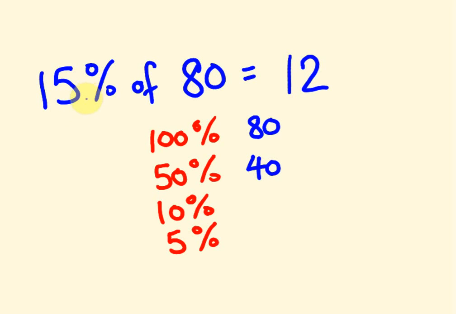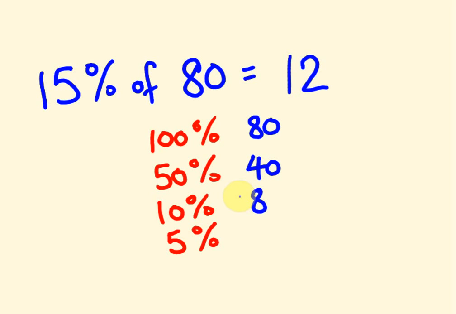The decimal place is usually here, and I'd move it one to the left, so 10% of 15 would be 1.5. 10% of 80, the decimal place is here, and we'd move it back one to the left, so 10% of 80 is 8. 10% of 12, we move it back, and it becomes 1.2. Hopefully you get that idea? So for 10%, we just divide the number by 10.